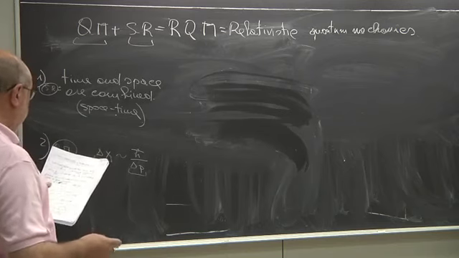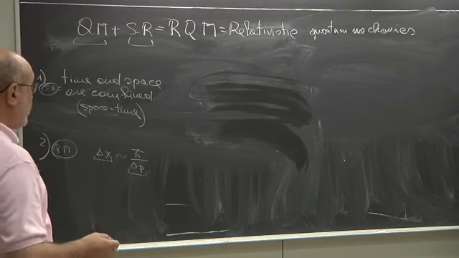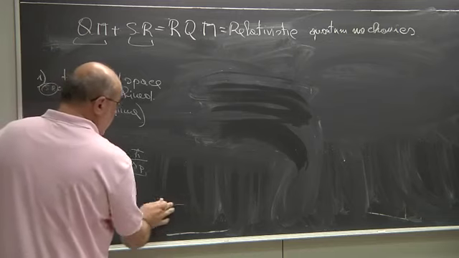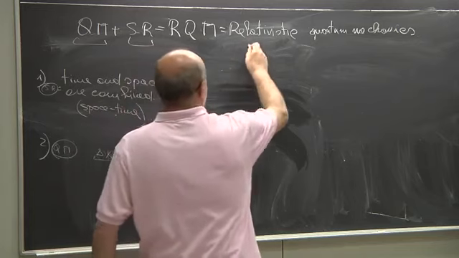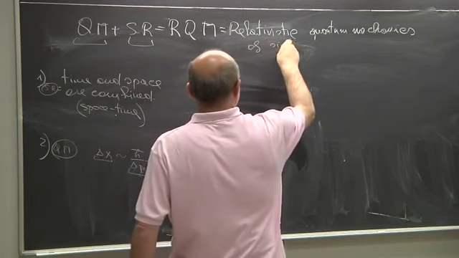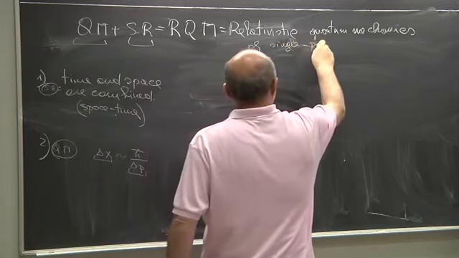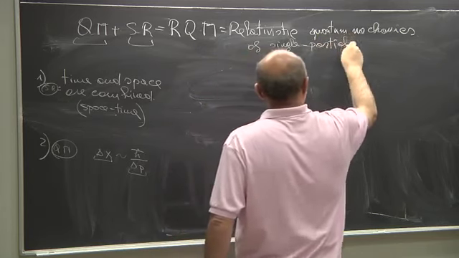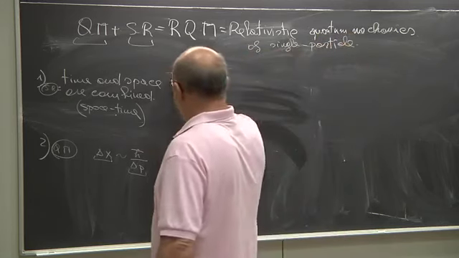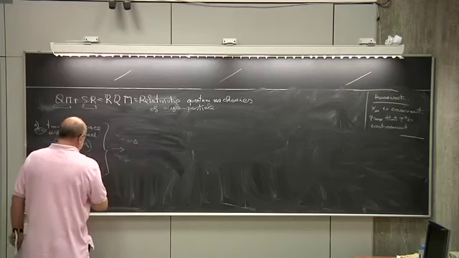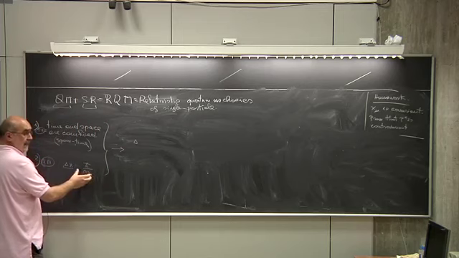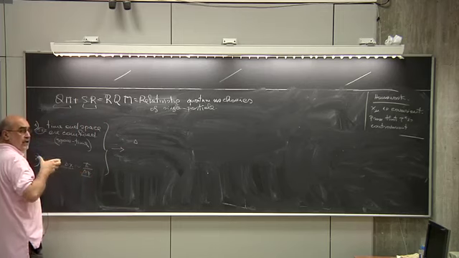Now, I will show to you. We would like to describe relativistic quantum mechanics of a single particle. Now, out of these two, I will derive that, you know, in non-relativistic classical mechanics, you can have delta p as you like.